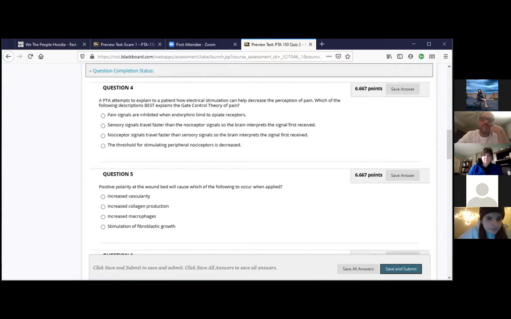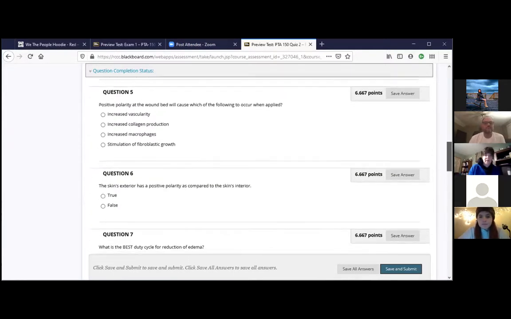Do you want the second one? Yeah, the sensory signals. It is the second one. Yes, because that's what we're doing with that gate control, we're stimulating those faster nerve fibers. So essentially it's a race to the brain and the brain's going to read which one gets there first. And so at that gate, it lets the faster fibers through and it inhibits those signals from those nociceptors getting to the brain. Good.